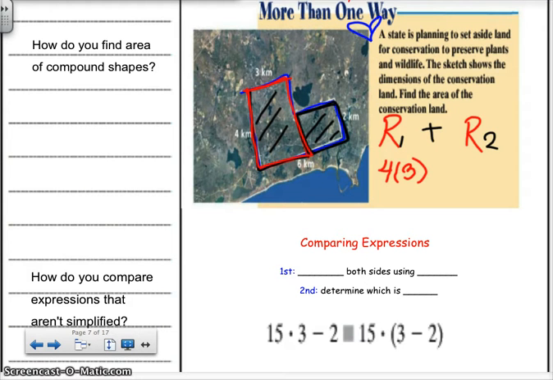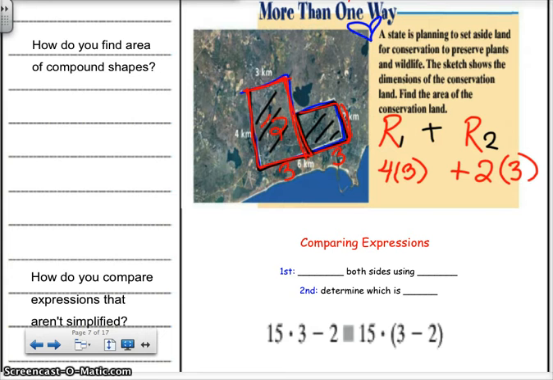So 4 times 3 is this area, which is 12, right? Plus, what's this then? 2 times what? 3. Well, if this is 3 down here, and the total needs to be 6, this whole thing is 6, and that tells me this little part is 3. So it should be 2 times 3.